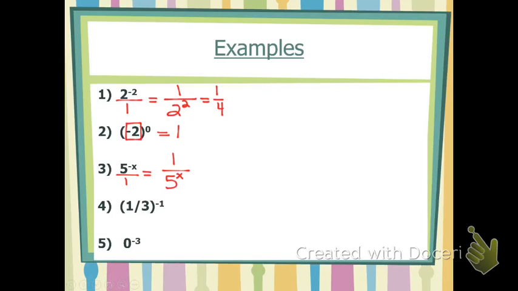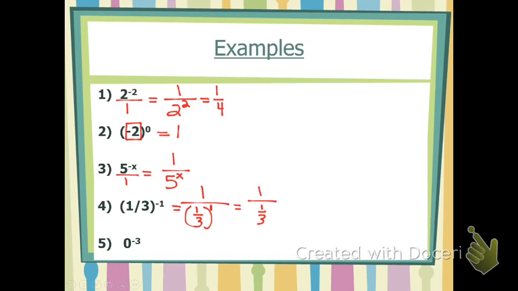Now, for number 4, I would say you probably want to look at this as like a fraction in a fraction. So right now you've got 1/3 raised to the negative 1. So we would move that to the bottom of a fraction and make it a positive exponent. Now anything raised to the first power is just itself, so this is the same thing as 1 over 1/3.